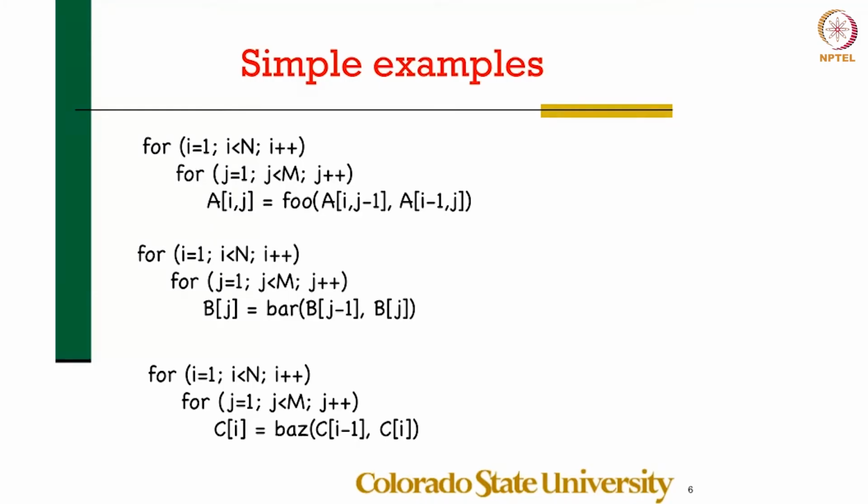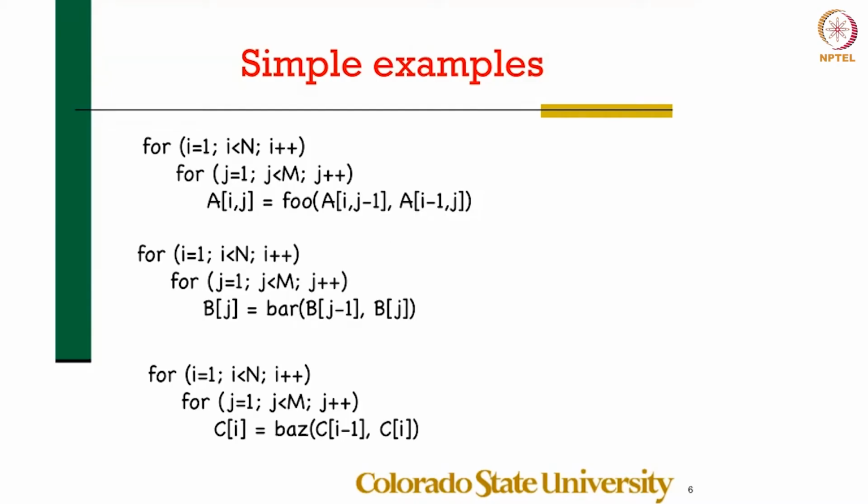Which instance of this statement wrote the value that is being read by the reference a[i][j-1] in the ij-th iteration of the loop? Which iteration wrote that value? i, j minus 1, right?